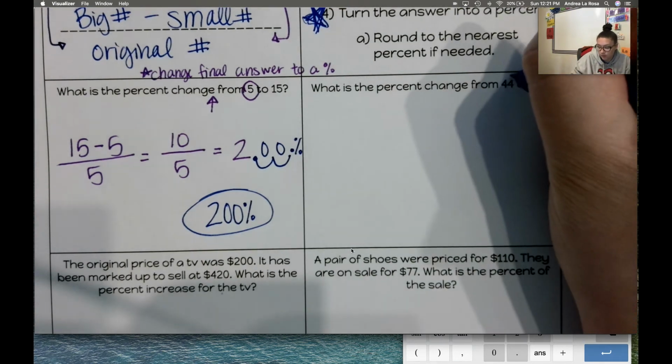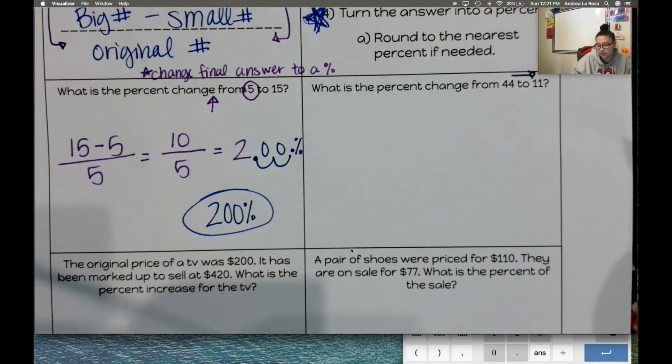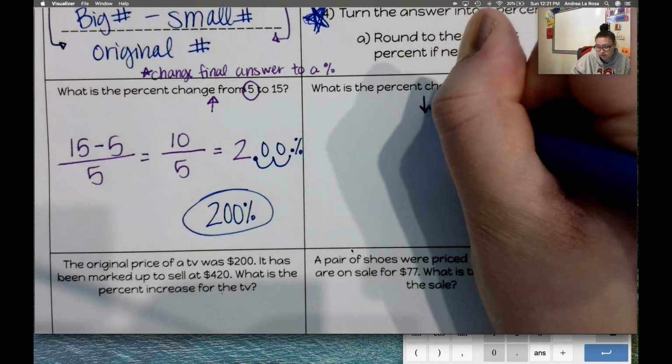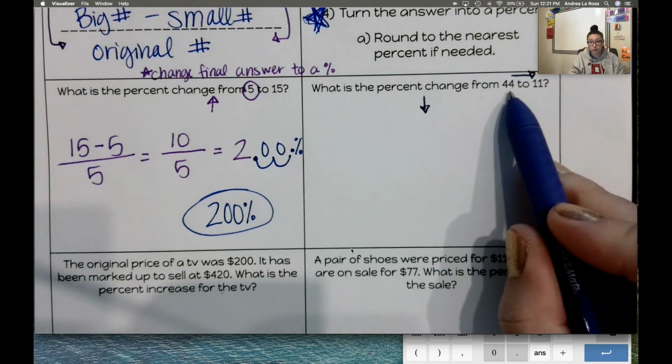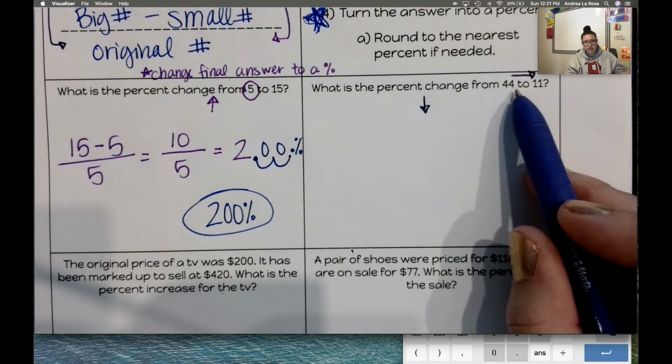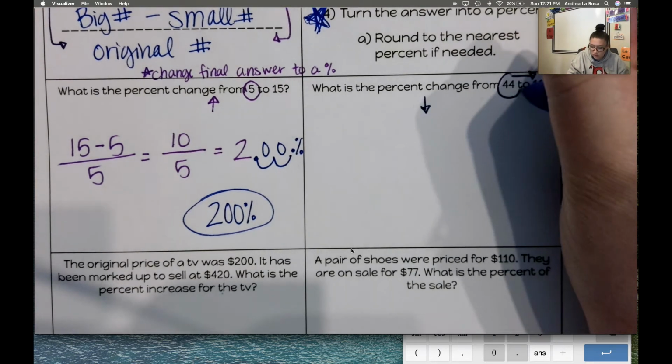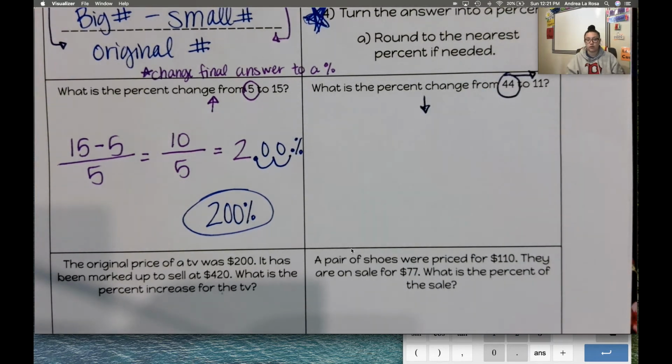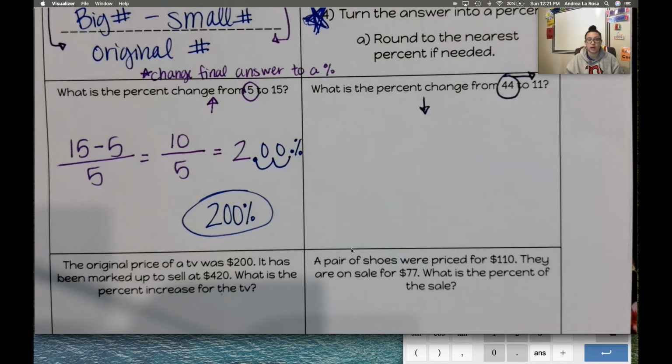If I'm going from 44 to 11, is that an increase or a decrease? That's a decrease. I'm starting off with 44, and then my number goes down to 11. So my original number is 44. I'm going to put an O around it to help me remember.